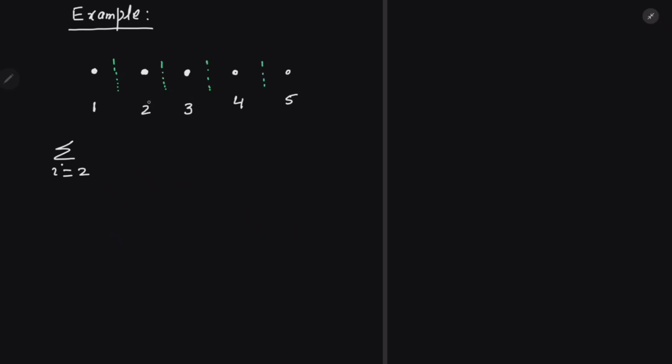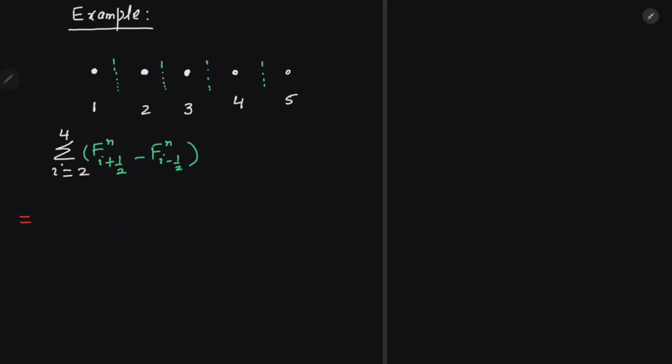It is starting from cell number 2 and ending at cell number 4. And the formula is F^n at i plus 1/2 minus F^n at i minus 1/2. This is our formula. We just expand that formula.